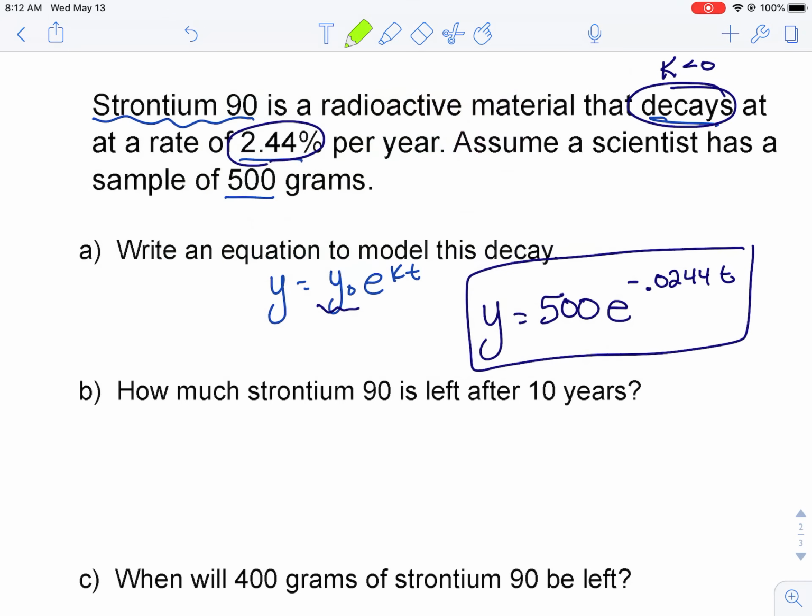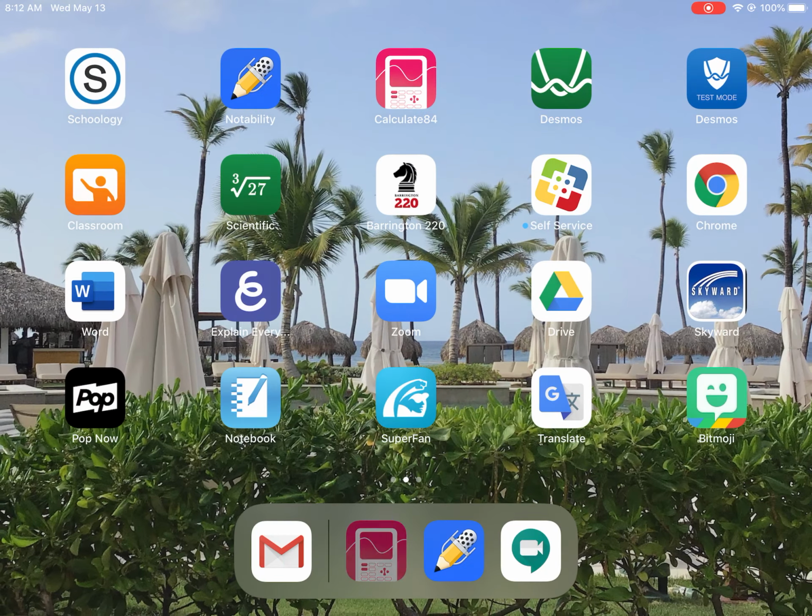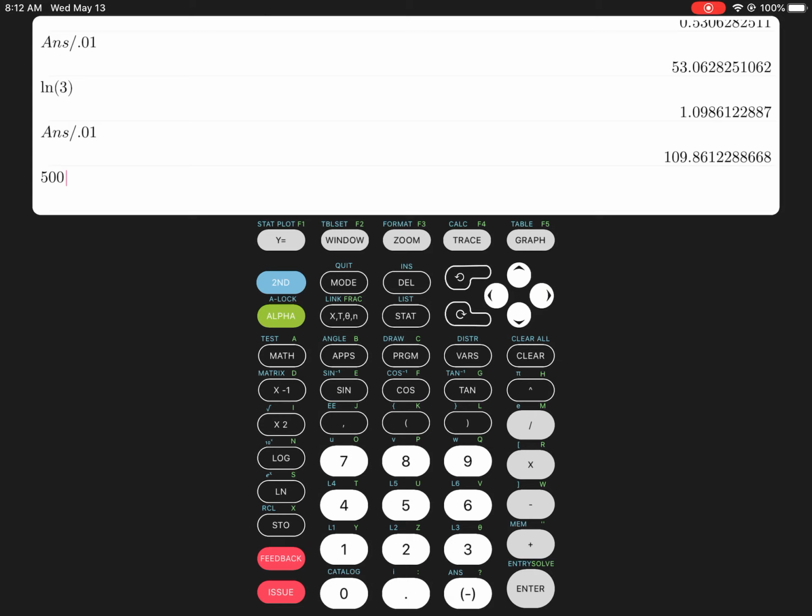So the first question I'm asking is, how much is left after 10 years? That's pretty straightforward. We just do 500 e to the negative 0.0244 times 10. So just plug in 10 there. We go to our calculator and we do 500, second ln, which is e, negative 0.0244 times 10.